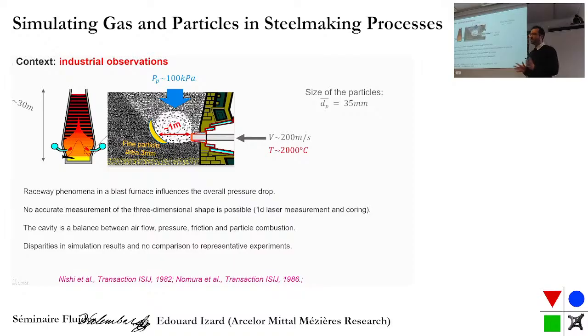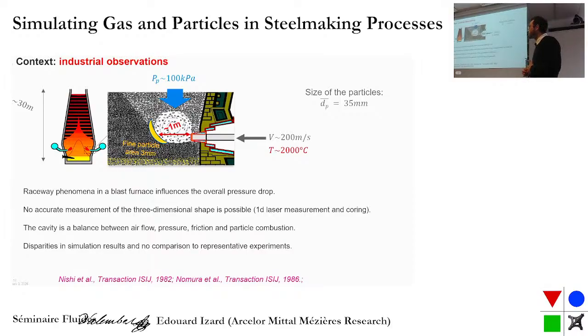Now we can think about new ways to control it. Maybe we have seen that there is a cohesion. Can we play with the cohesion? Can we change the parameters of this cavity by playing with the cohesion industrially? Those are some outcomes we can think about with this kind of study.